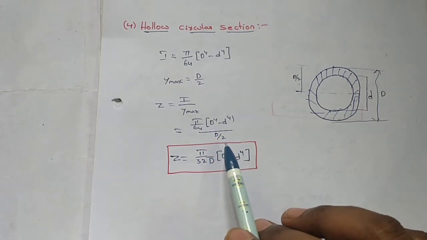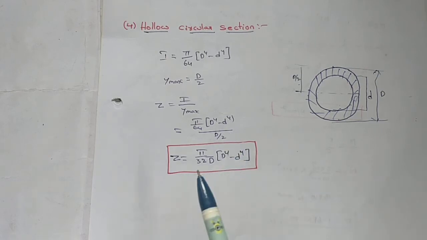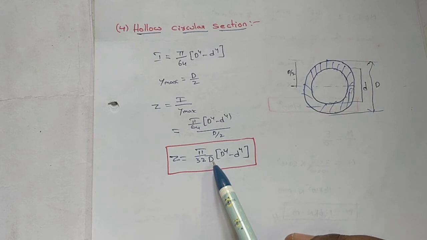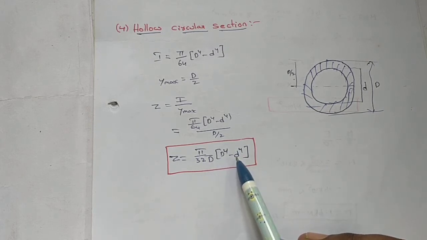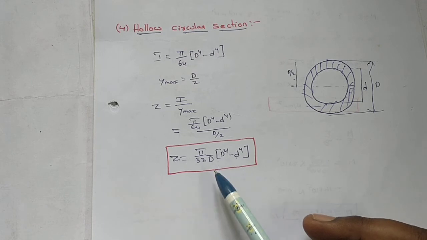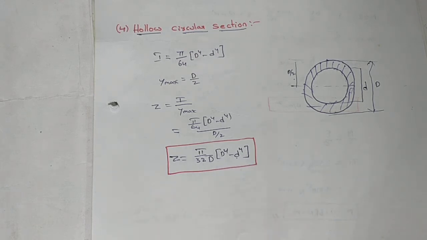Z equals I by Y max, so substituting, we get pi by 64 into capital D power 4 minus small d power 4, divided by D by 2. Simplifying, the section modulus for a hollow circular section is pi by 32 D into capital D power 4 minus small d power 4.